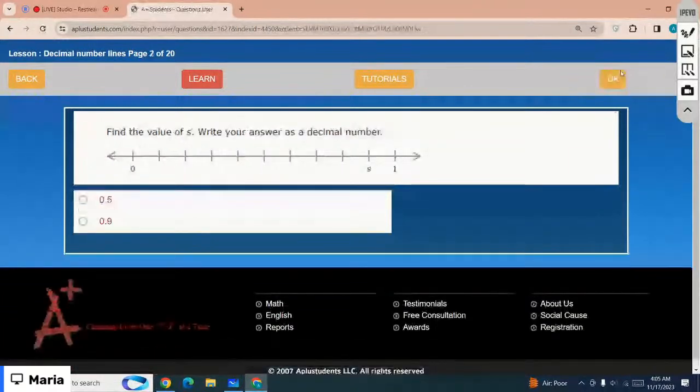Okay, find the value of s, write your answer as a decimal number. You have a number line between 0 and 1. So s equals, you can see that is the ninth line between 0 and 1. So that would be 0.9. The correct option is 0.9.